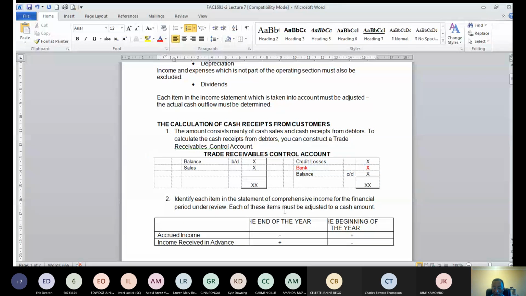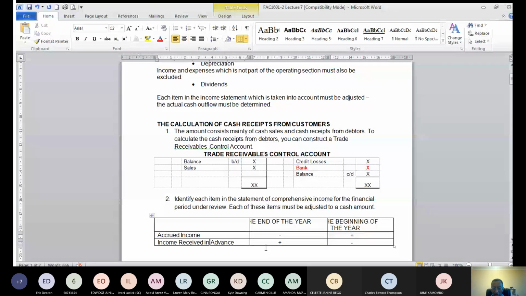Then you go back to your statement of profit and loss and other comprehensive income, and you identify each of the incomes that you will have there. And Carmen, this is the table that you must work with. If you have got accrued income at the end of the year, subtract. If you've got accrued income at the beginning of the year, you add.